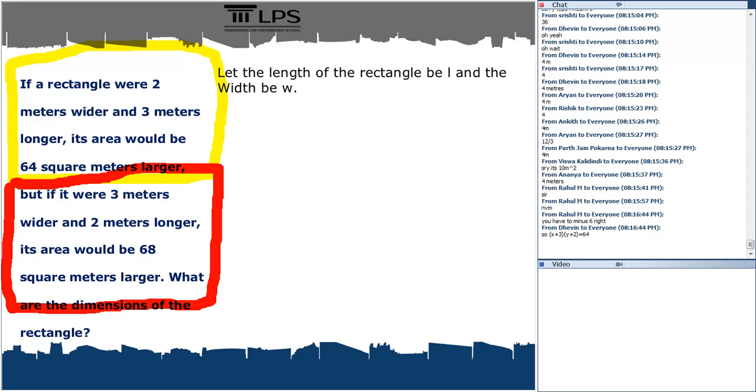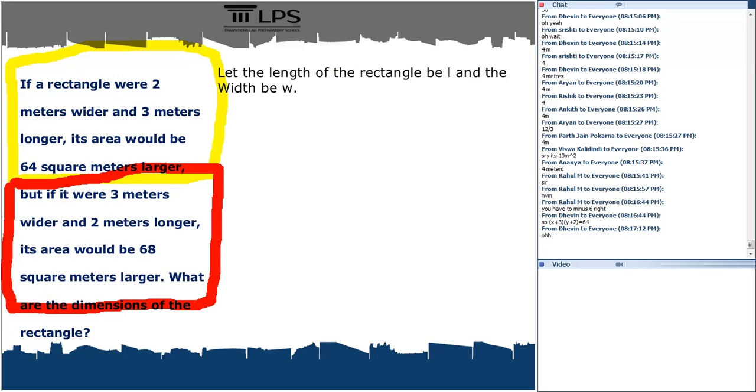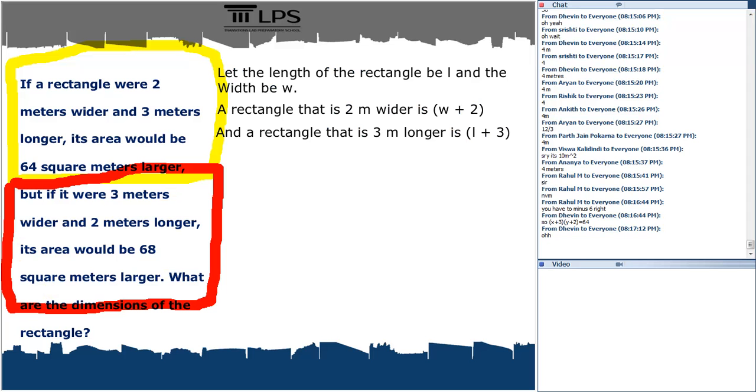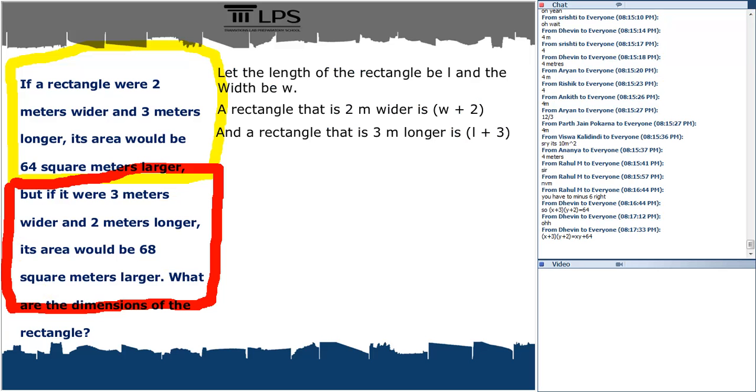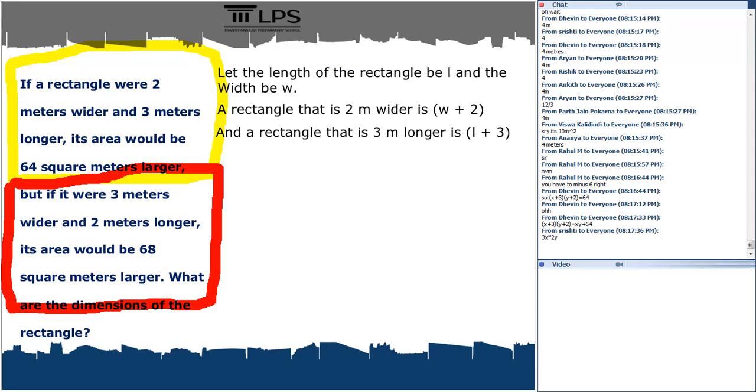So let us start by saying that let the length of the rectangle be L and the width of the rectangle be W. A rectangle that is 2 meters wider will be interpreted as W plus 2. And a rectangle that is 3 meters longer will be interpreted as L plus 3.